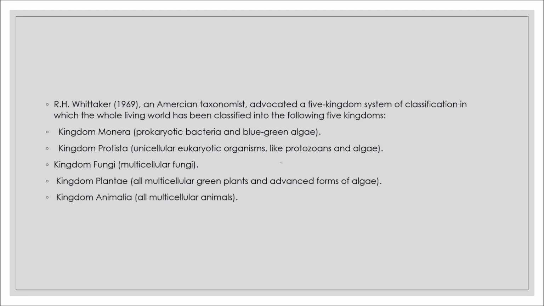In the algae itself there are some algae which have some advanced functions, so those are put under kingdom plantae. And finally under kingdom animalia, all the multicellular animals are put. So this is all about the five kingdom classification.